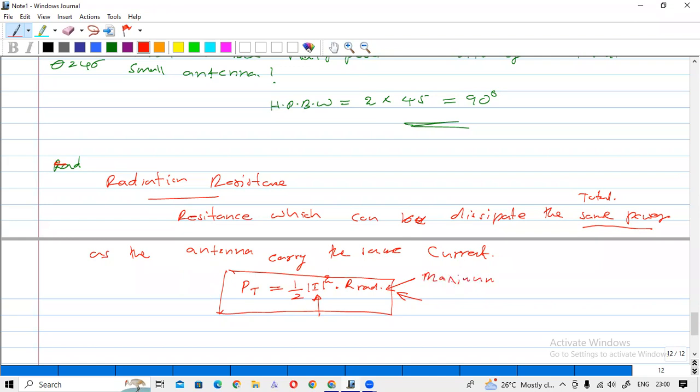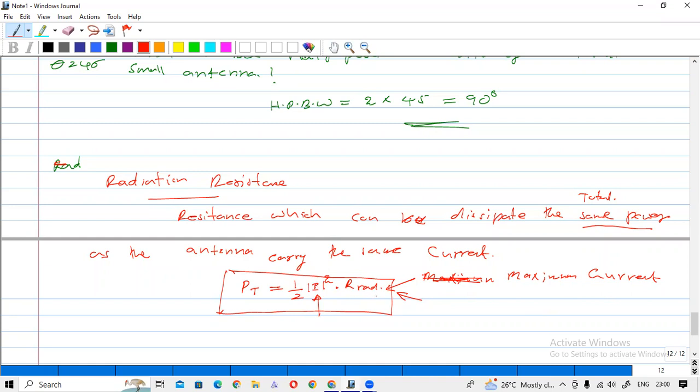I told you that an antenna has several current distributions, and the current distribution may change, so it has a maximum current. In I squared, you have to consider the magnitude of the maximum current.